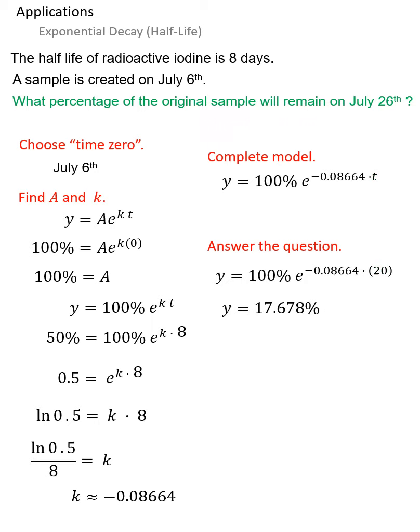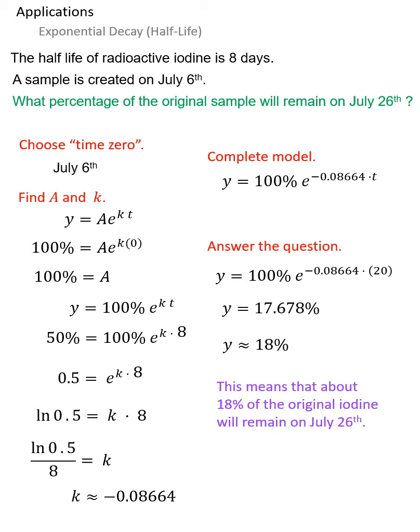Hopefully, you got about 17.678%, which is approximately 18. And what does this mean? Well, we plugged in 20 for T and got 18% for Y. That means that about 18% of the original iodine will remain on July 26, thus answering the question.